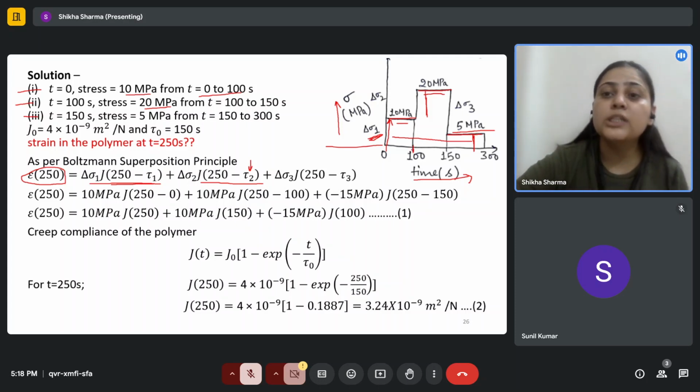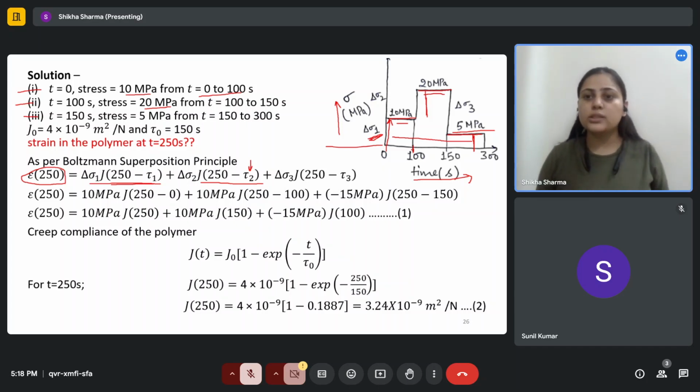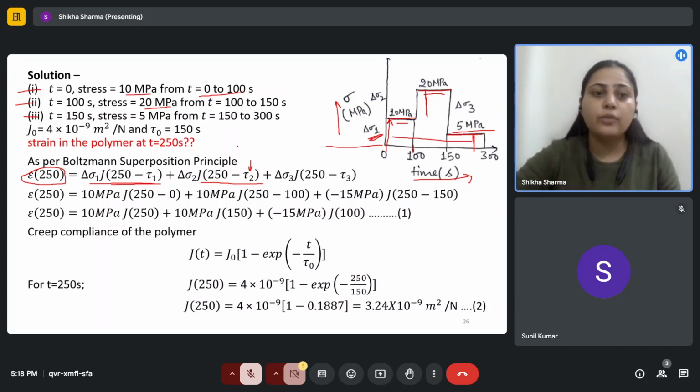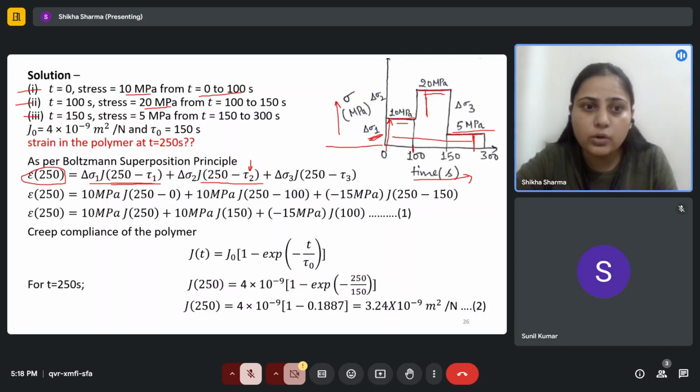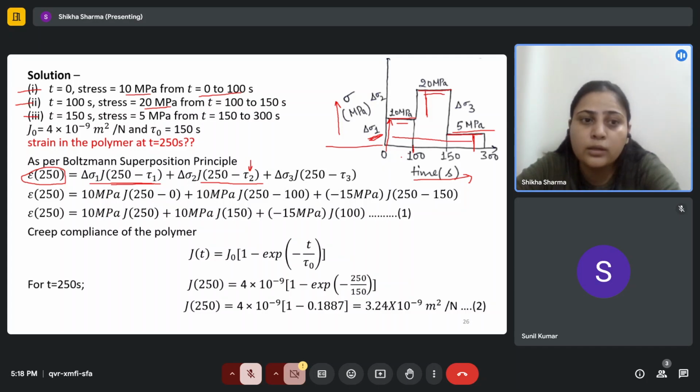So the initial point at which that particular stress is applied, we are going to calculate, because here we need to take 250 minus tau 1. The stress sigma 1 is applied from t equals 0 to 100 seconds, so tau 1 is nothing but 0. The base value from which the stress is applied is taken as tau 1.